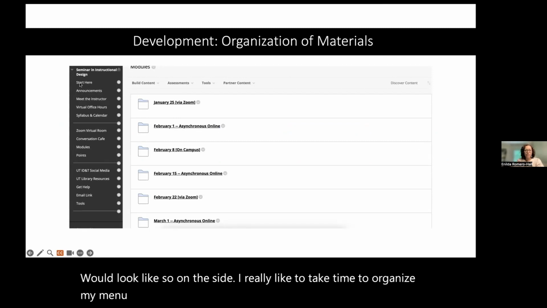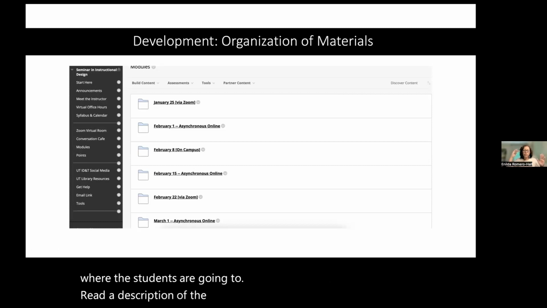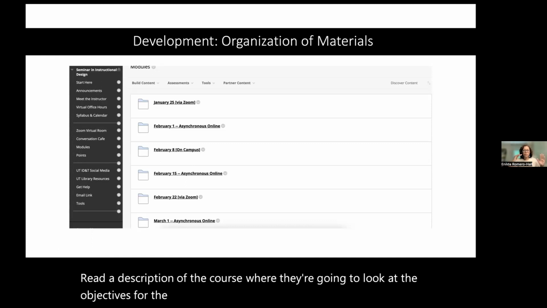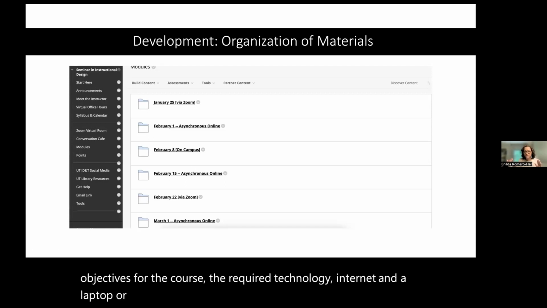I always have a star here on my left side menu, and that's where the students are going to read a description of the course, where they're going to look at the objectives for the course, the required technology, internet and a laptop, or if there's anything else that they need, I will include it in there.